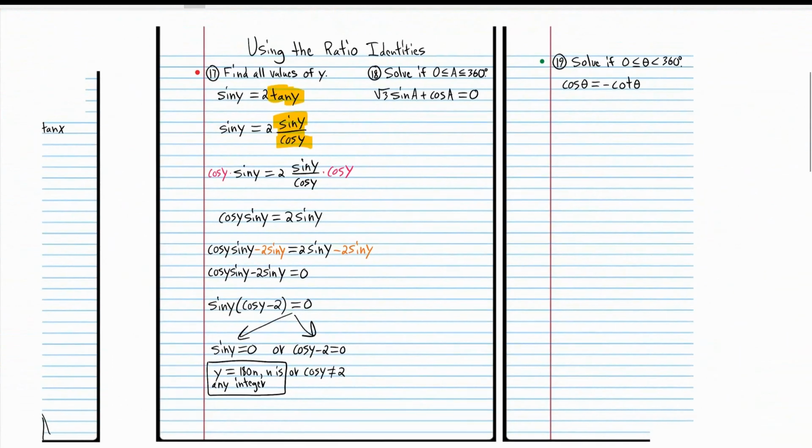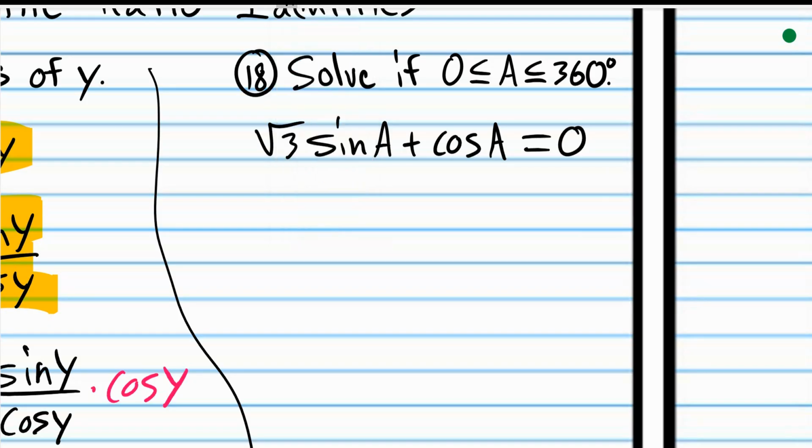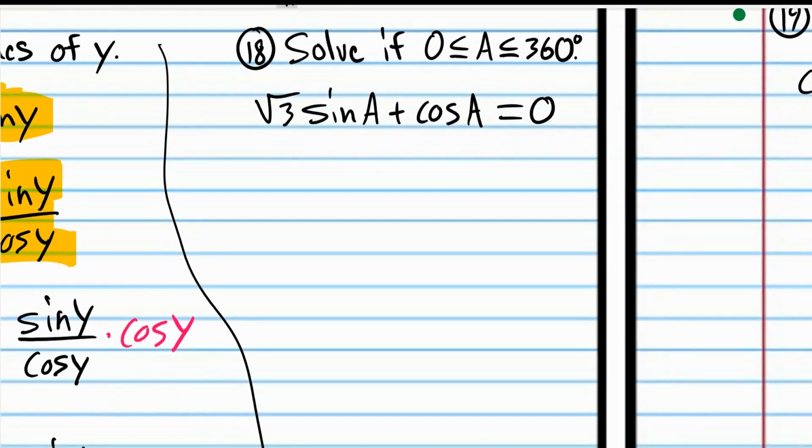Okay, let's try another one of these. This is a situation where it's really not obvious what we need to do. If you've never seen an equation like this, we just don't know what to do. But we're going to use some math tricks. We're going to take that cosine A and put it on the other side. Maybe I should show that just to be clear.